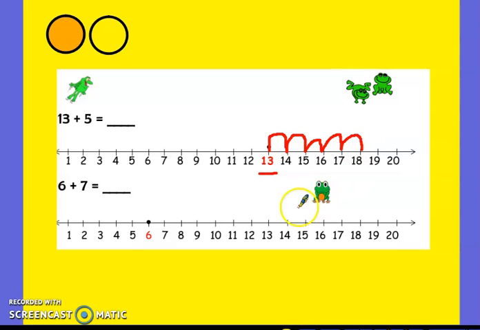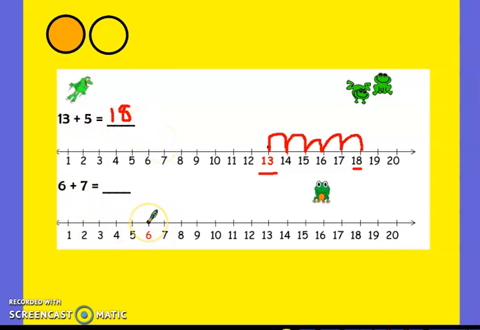So when I look at your work in your book, I should be able to see your 5 jumps and then your answer clearly. So 13 add 5 is 18. So you're going to do your jumps on your number line. I should be able to see those in your book, and then your number clearly written here on the sheet.